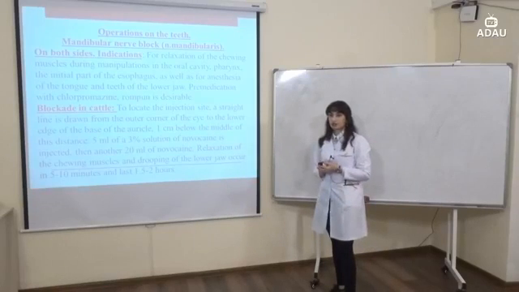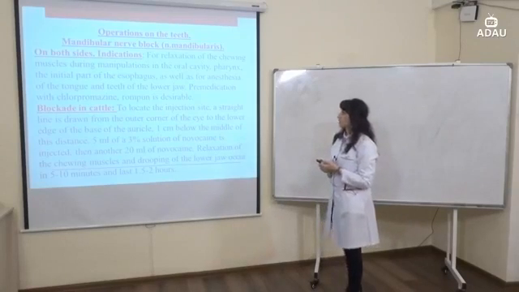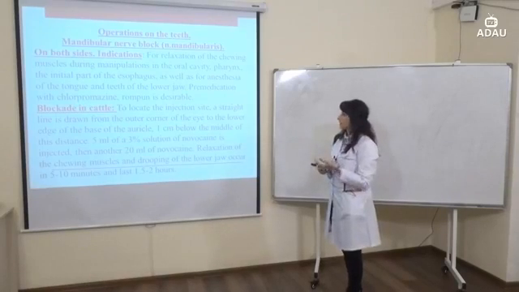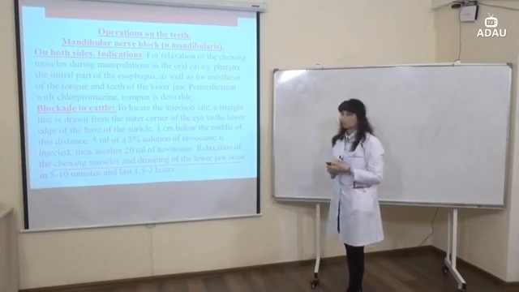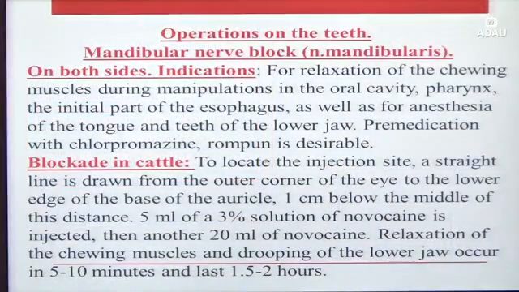We use it during different manipulations located in the oral cavity, the pharynx, the initial part of the esophagus, for the tongue, and for the teeth of the lower jaw.